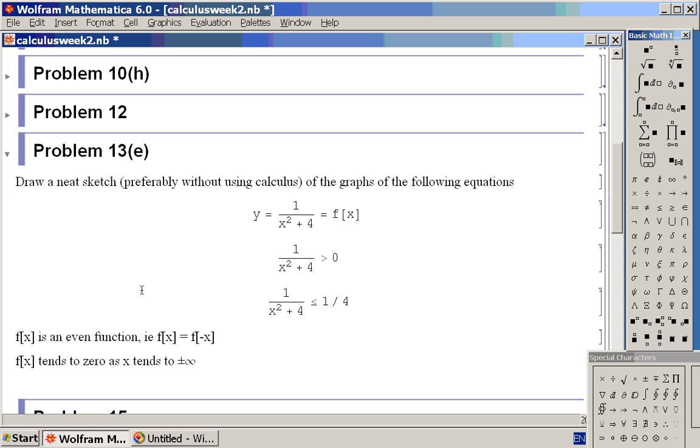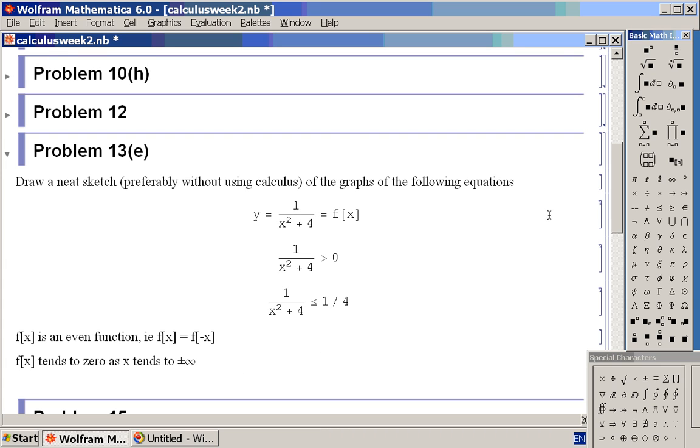So in other words, the whole curve lies between 0 and a quarter, and it has a maximum value of a quarter when x equals 0.